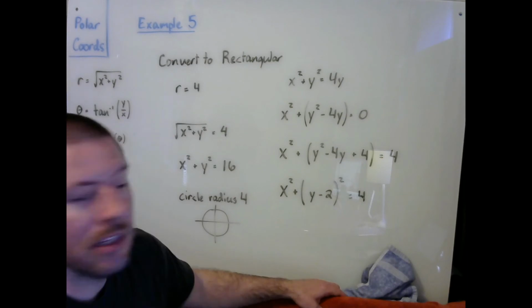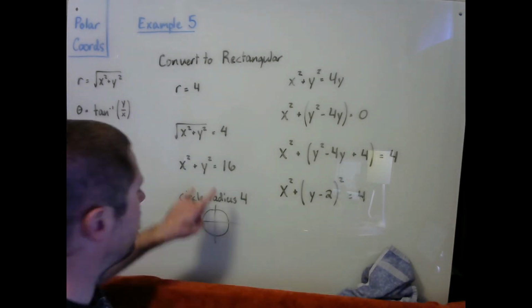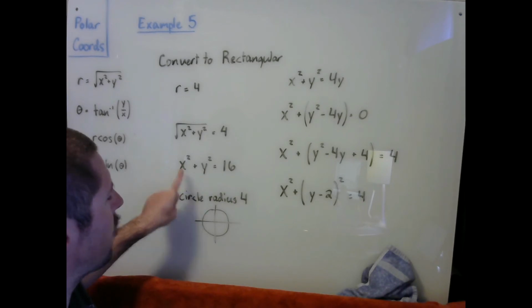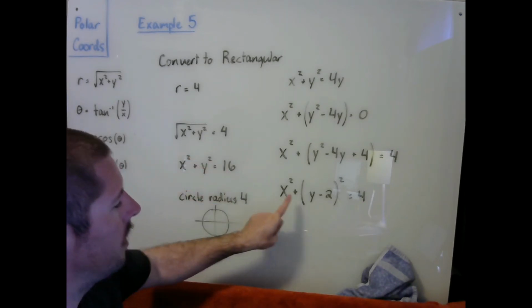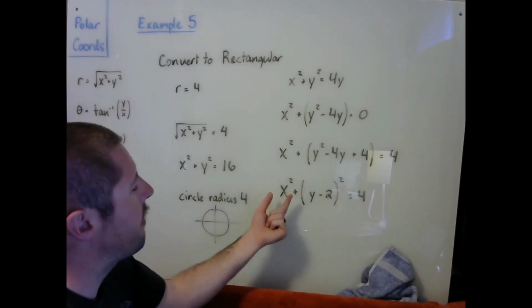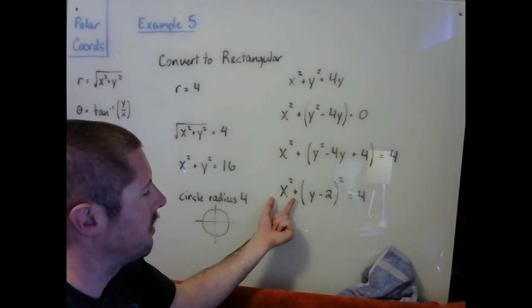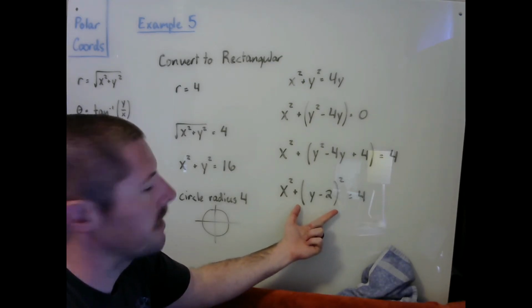And so ultimately what we're going to end up seeing for this guy is that this is still the graph of a circle because we have x stuff squared plus y stuff squared equals a constant, still in our circle format. And it looks like we've made no adjustments to our x terms. But it looks like we need to plug in an additional 2 units of y for this to be 0.